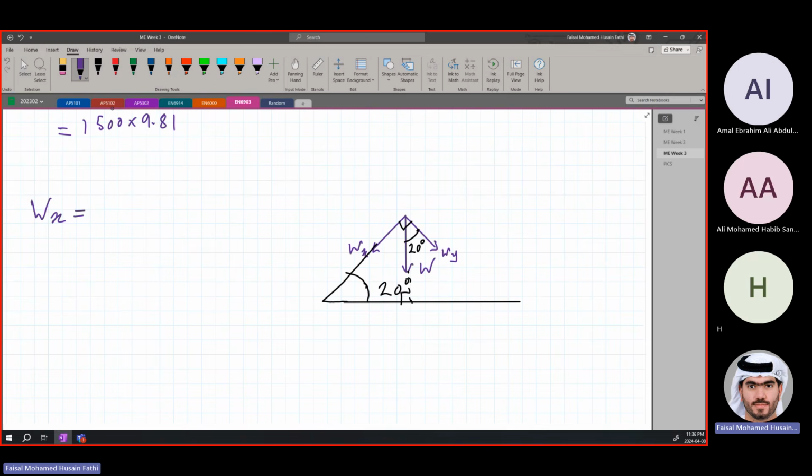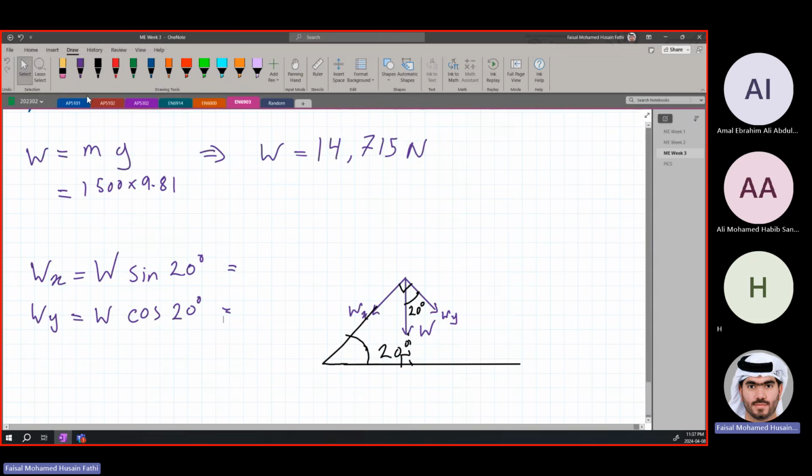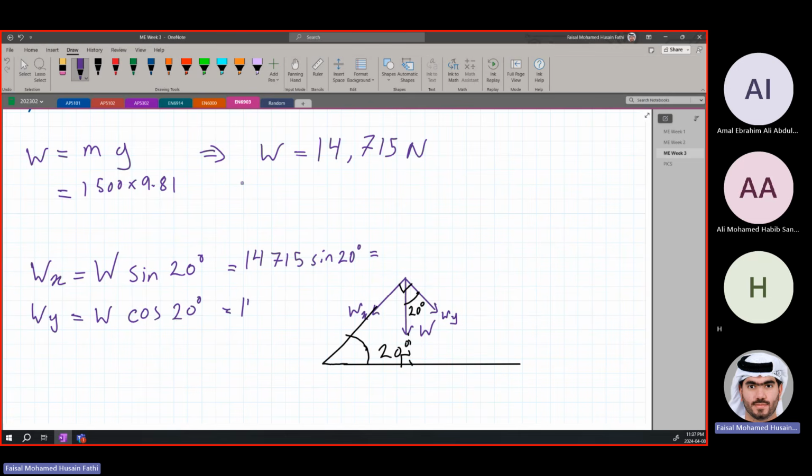WX is equal to W, the opposite, so we're going to use sine of 20 degrees. And WY is equal to W cosine 20 degrees, because it is adjacent, just like I did before. Let's put in the W value, which is 14,715 times sine 20 degrees, and 14,715 times cosine of 20 degrees.